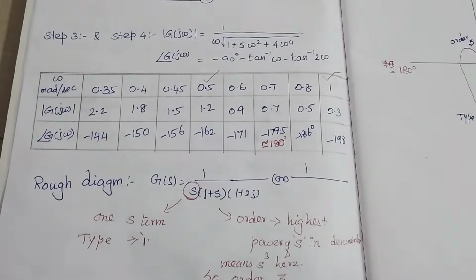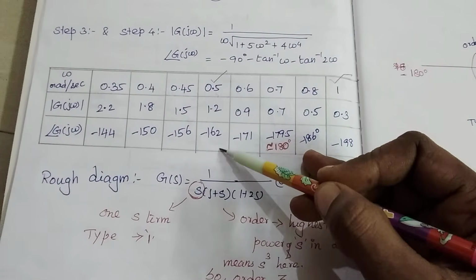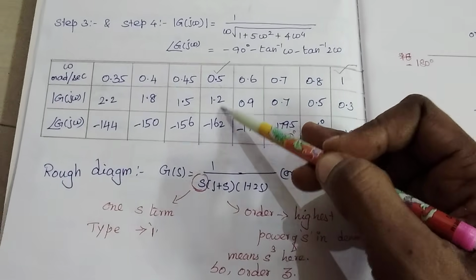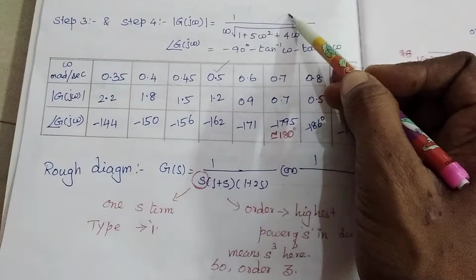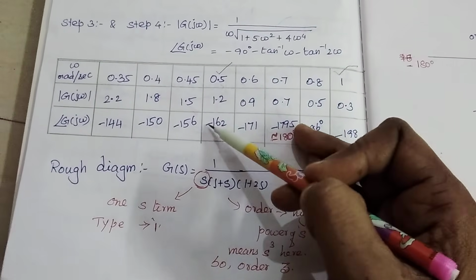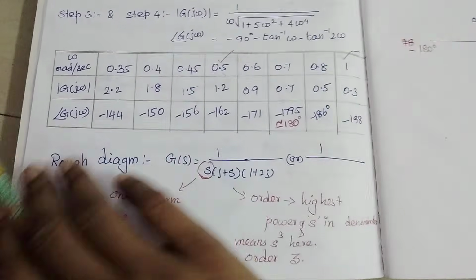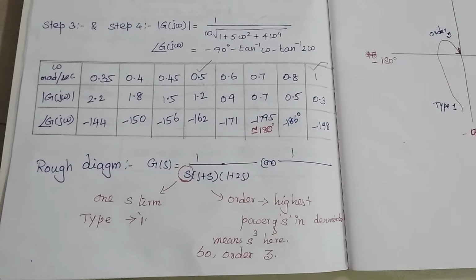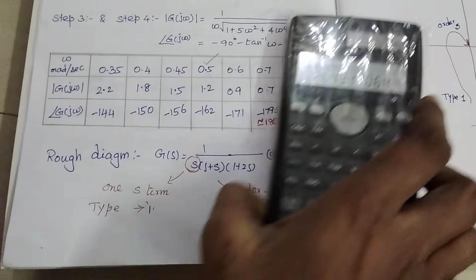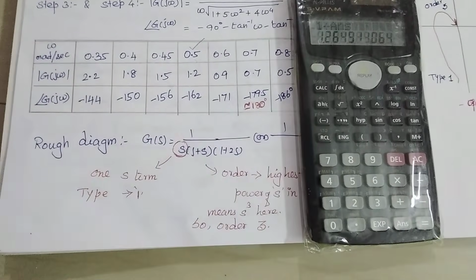Substituting the value 0.5 in the magnitude equation, you will get 1.2. Substituting in the phase angle equation, you will get 162.